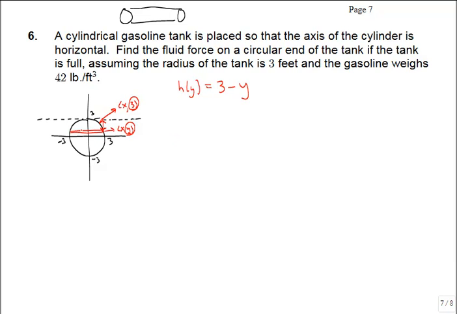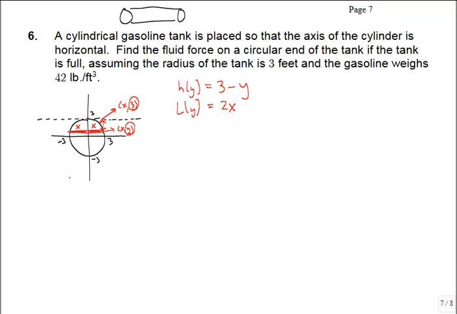Okay, now what about the length of this? Well, the length is going to be this distance here, which is the x value, plus this distance on this side, which is also x. So our length is going to be 2 x's. And we need to know what this is in terms of y, since we're going to do a dy integral. So what's the relationship between x and y?